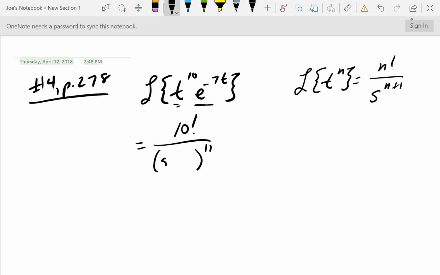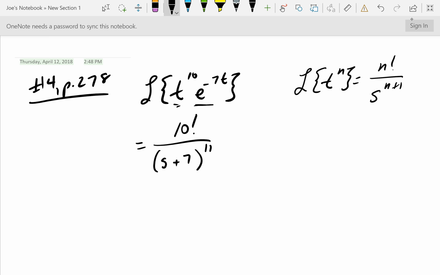However, instead of just an s in the denominator, this is going to translate it over 7 units along the s-axis. And remember, in this case, it will be s plus 7, because we're going to do s minus a, minus 7. So we can get that Laplace transform pretty quickly.